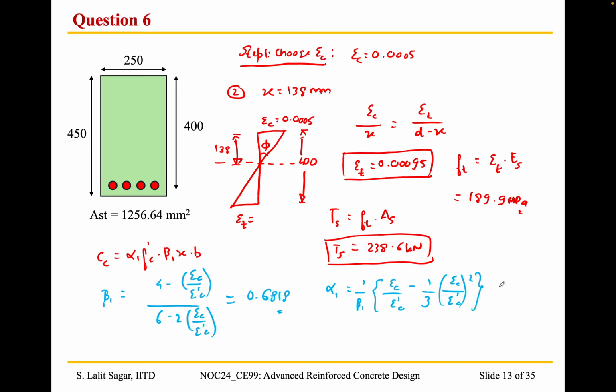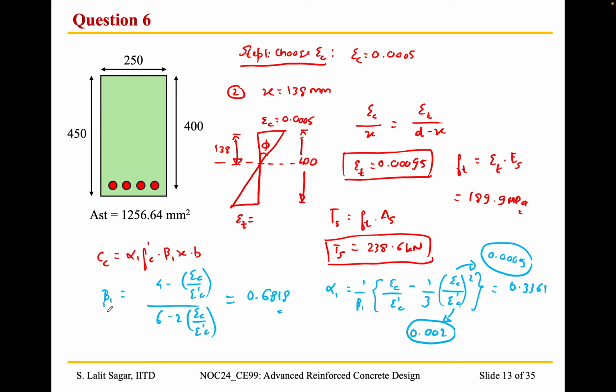Okay, so if we substitute again, epsilon c, you need to take the value of 0.0005, right? And epsilon prime c, we are going to assume the value as 0.002, right? And alpha 1, we get a value of 0.3361.